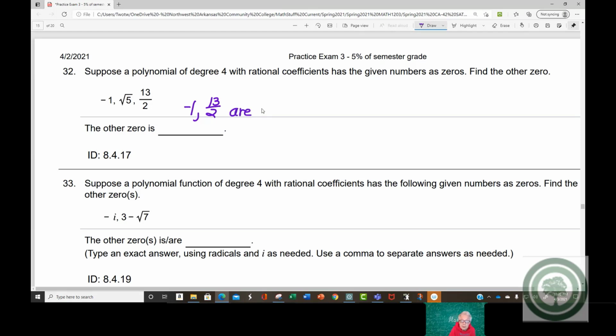They're real and they're rational. That is, they're rational numbers and they're in the real number system. Real and rational zeros.